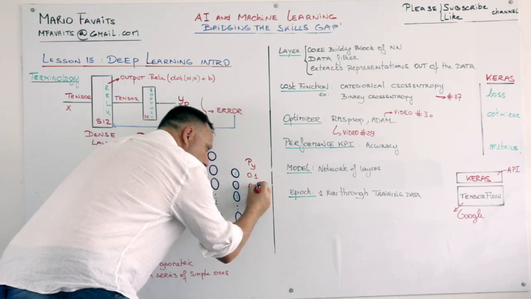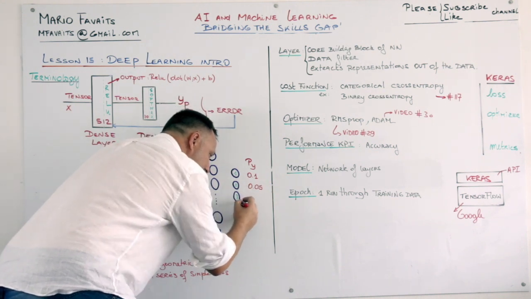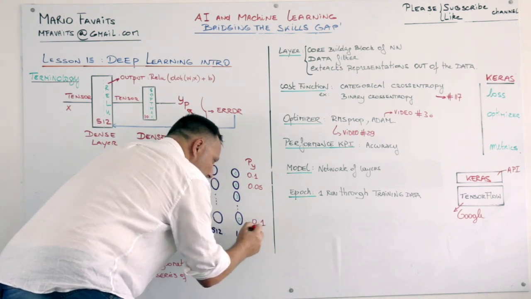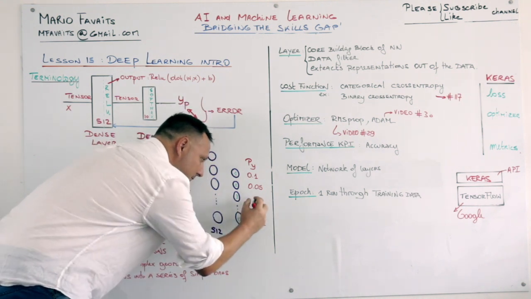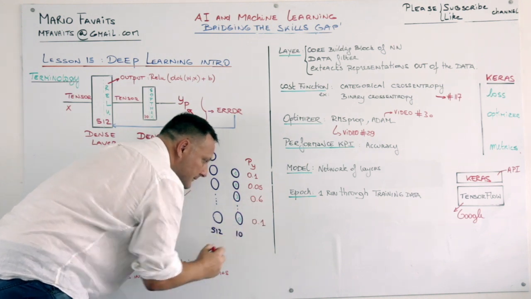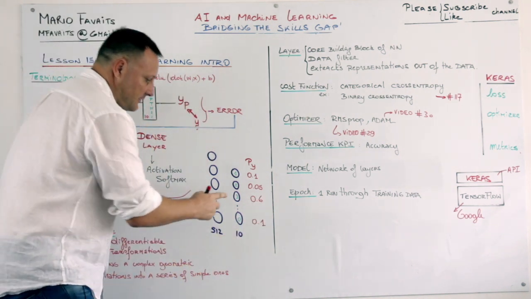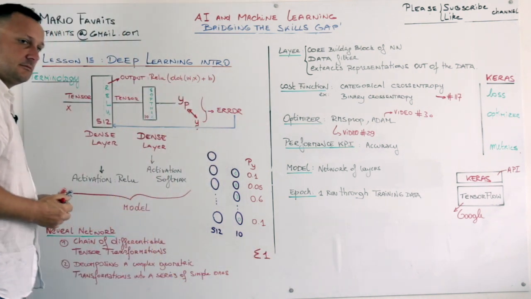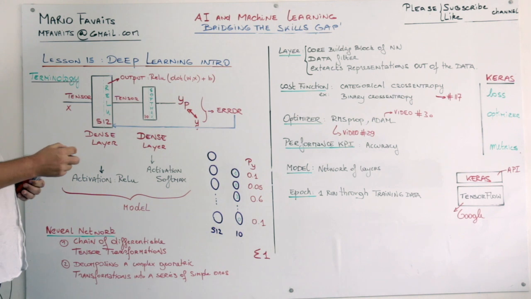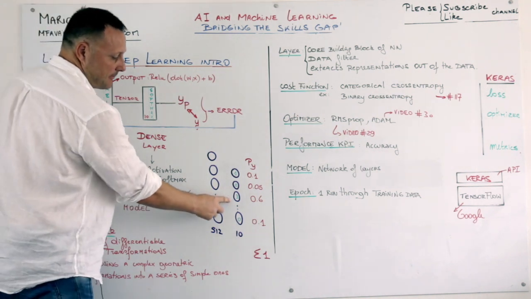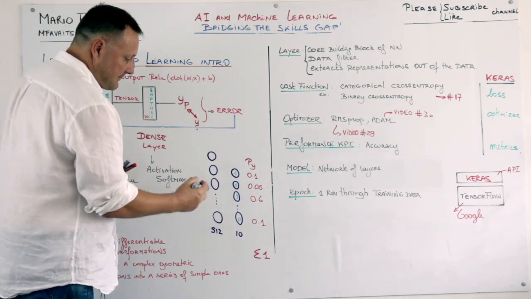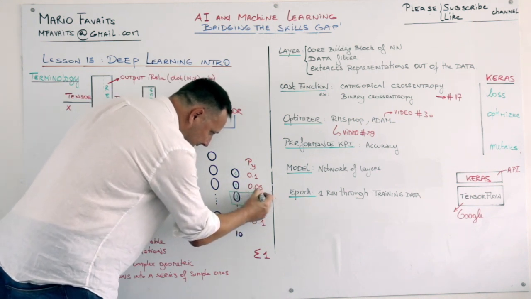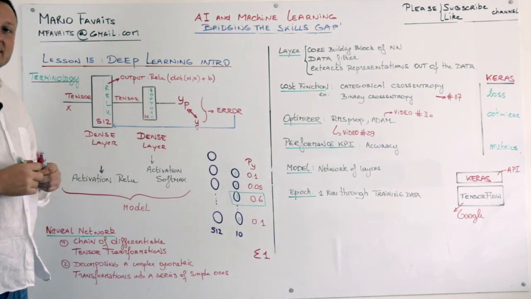Probability that it is a 2 is 0.05. Probability that it is a 0 is 0.1. Probability that it is a 3 is 0.6. Right? So the sum of all these together, of course, should be 1. And in this case, you see the highest probability is for a 3. That means that the prediction will be that this digit is a 3.